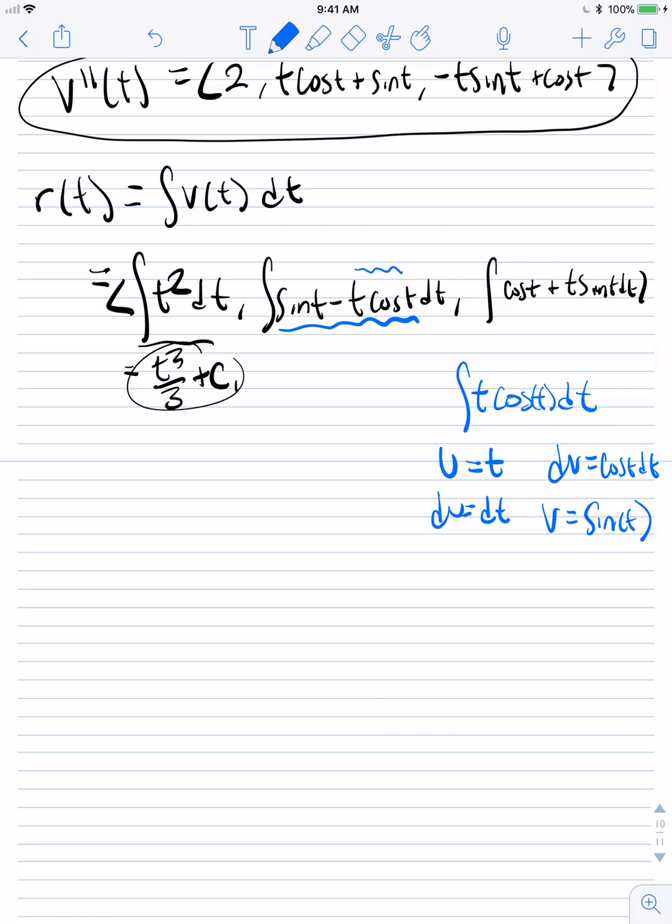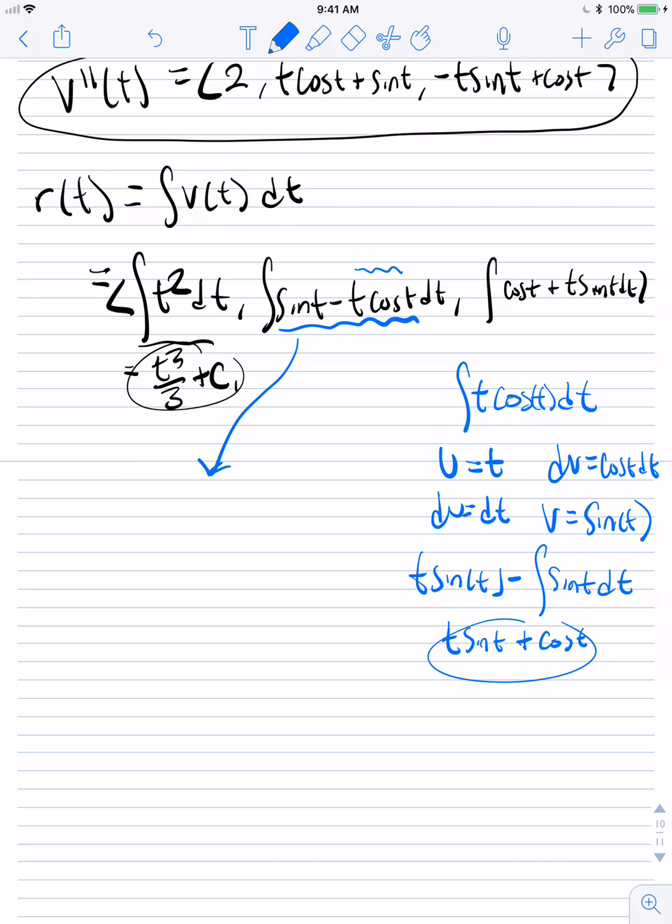So if we do our rule, u times v, which would be t sine t, minus the integral of v du, which is just sine t dt. Integral of sine would be negative cosine, but this negative here would change to positive, so we got t sine t plus cosine t for this part. So I'm going to bring this over here.